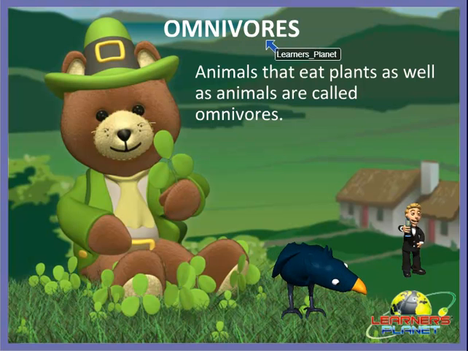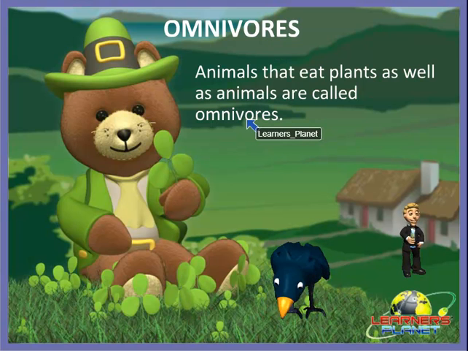Children, what are omnivores? Yes, animals that eat plants as well as animals are called omnivores. So such kinds of animals eat plants and they also eat animals, right? So they are called omnivores.